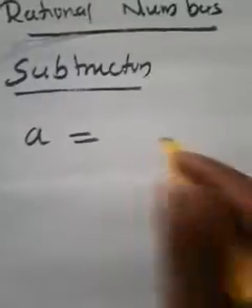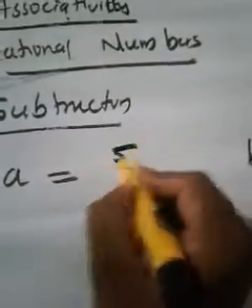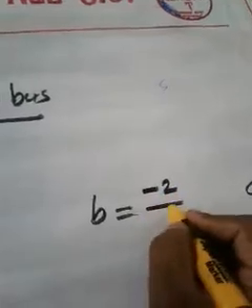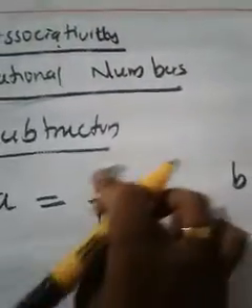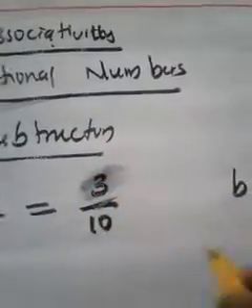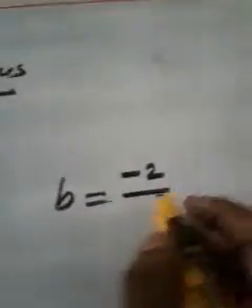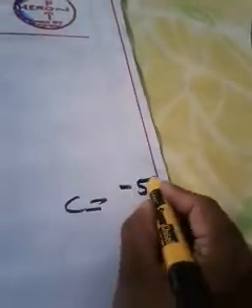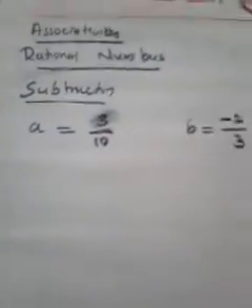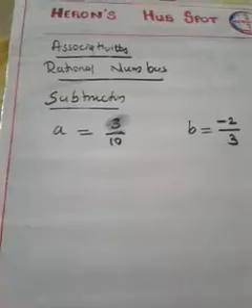So I'm going to select A as, instead of 5 by 10, let me choose it as 3 by 10, and B as minus 2 by 3, and C as minus 5 by 6. I'm choosing some difficult rational numbers because, as I told you, once you understand the difficult rational numbers, then all the simple things will be more simple, isn't it?